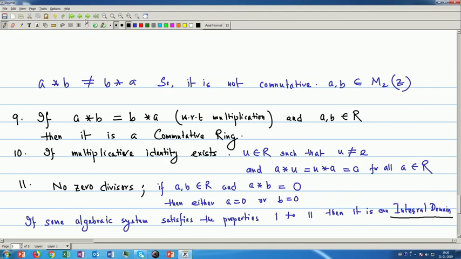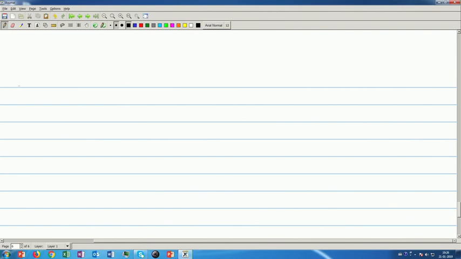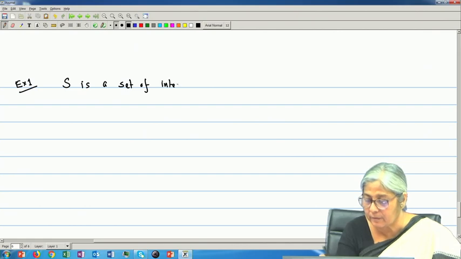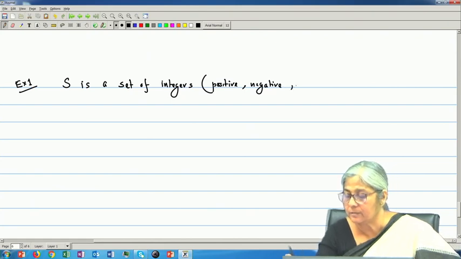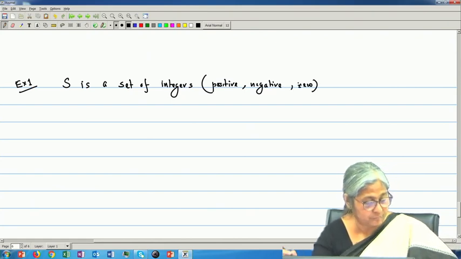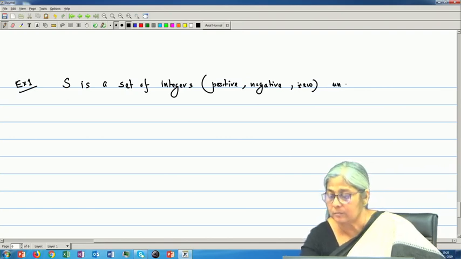Now, if I just take the example that S is a set of integers, say positive, negative and 0, under ordinary addition and multiplication.